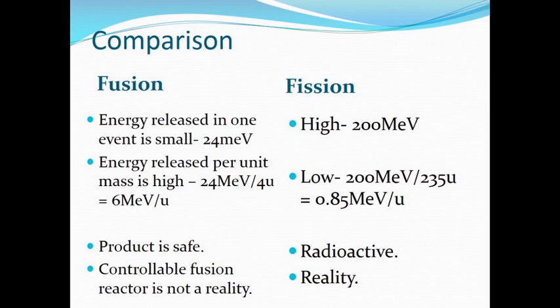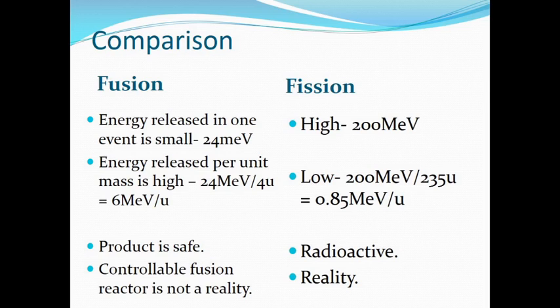Now what about the products after these reactions? After fusion, the products are safe, but the fission products are radioactive. That means they can cause harm. Now we already studied the nuclear reactor that undergoes a nuclear fission reaction, isn't it?